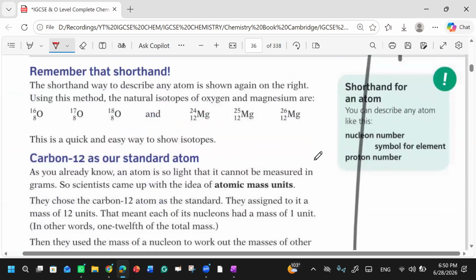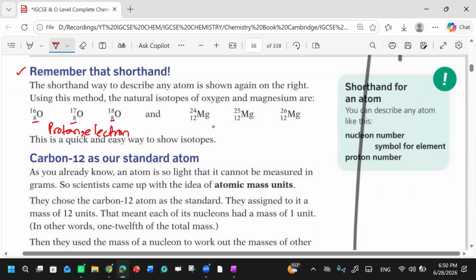One more thing. This is a way of writing isotopes. Like there is oxygen 16, 17, 18. Similarly, magnesium 24, 25, 26. What is the common thing you see? This 8, 8, 8. So the number of protons and number of electrons are the same, right? In these three oxygen isotopes.